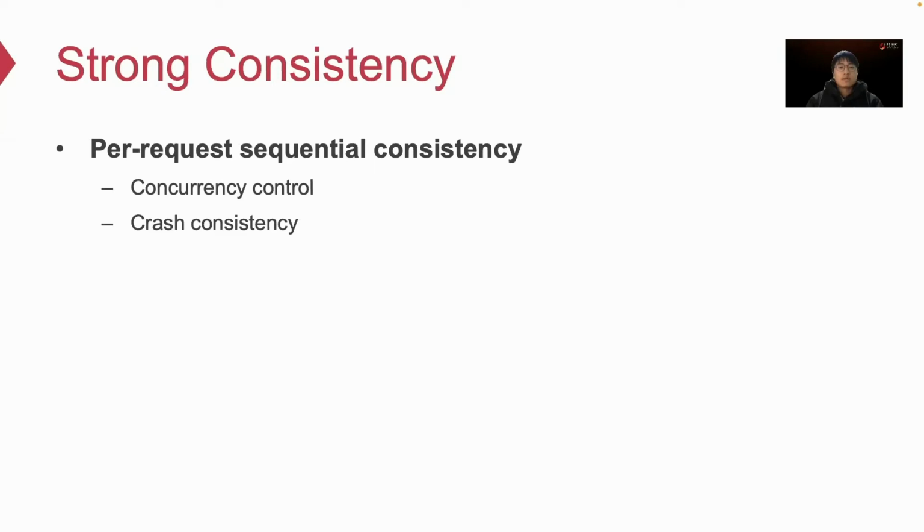The strong consistency of the file system implies per-request sequential consistency, which consists of two aspects. First, for arbitrary file system requests, the modification to the file system states observed by concurrent tasks should be atomic. Most file systems use inode-level locks, which ensure the modification order of different requests to guarantee sequential consistency.